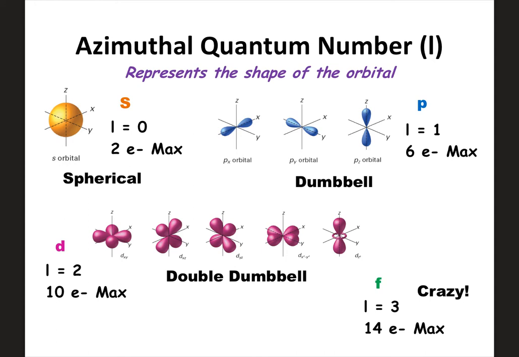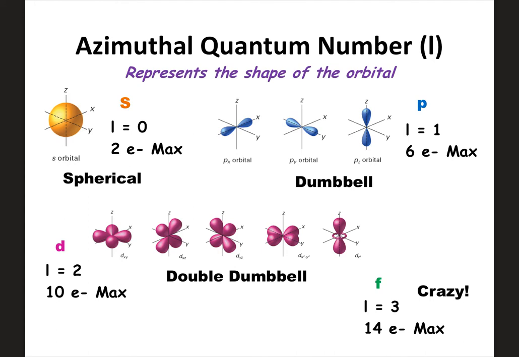And then as we go to D, the L value increases again. D's have an azimuthal quantum number or an L value of 2, and they can hold at most 10 electrons. The shape of a D is a double dumbbell. And then the F sublevel has an L value equal to 3. It can hold 14 electrons at the most, and its shape is crazy. We don't care about it.